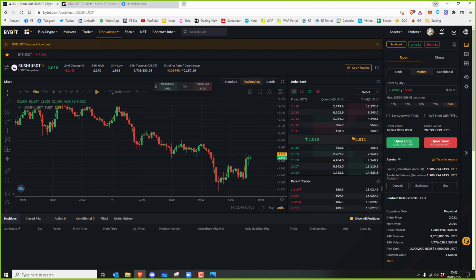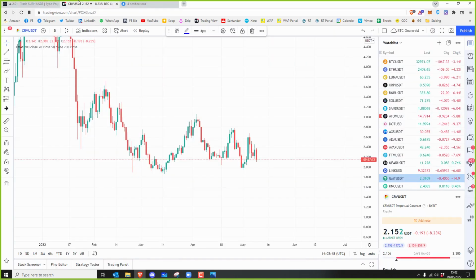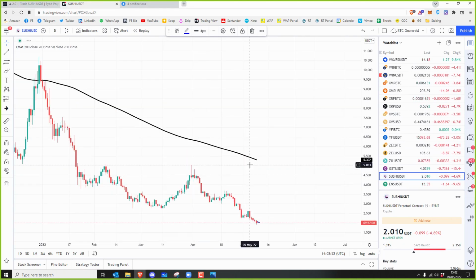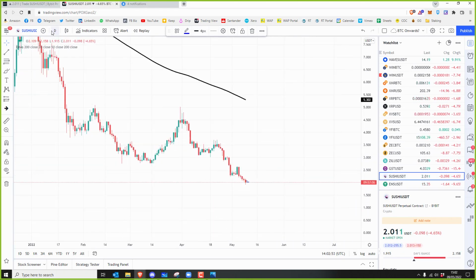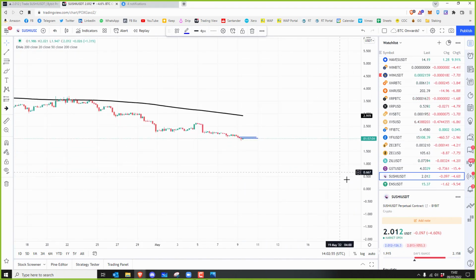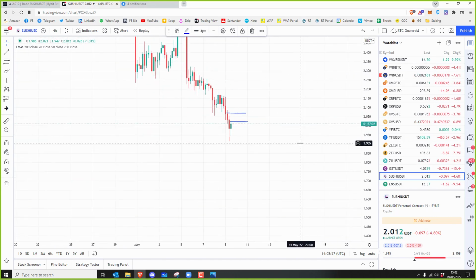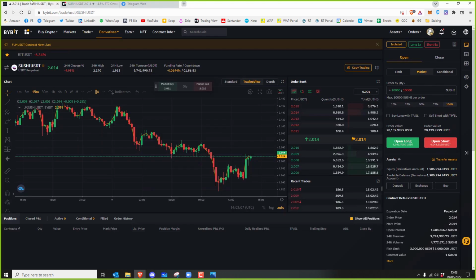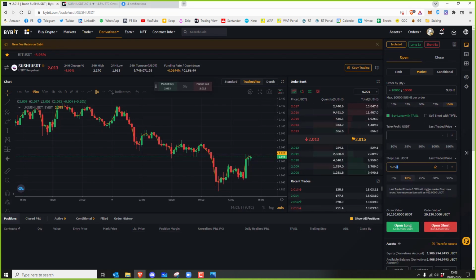So for myself, when I normally place a trade, let's look at Sushi. I'll show you what I mean. Let's get to the 4-hour chart, which is my normal hunting ground. Let's say I wanted to go long right at market, and I wanted my stop loss down here, 1.88. So I'm going to go long, 1.88.